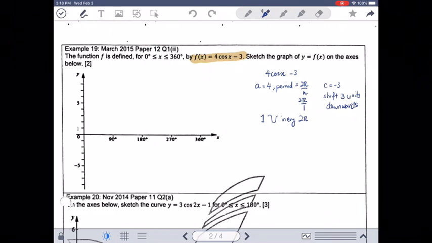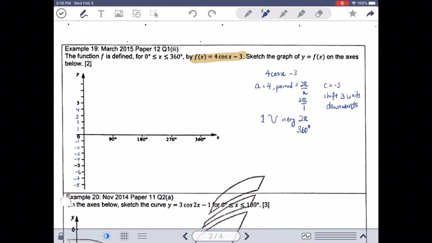If you look at the scale, we have 1, 2, 3, 4, and then this is -1, -2, -3, -4, -5, -6, -7, -8. And we know that 2 pi is equal to 360 degrees.